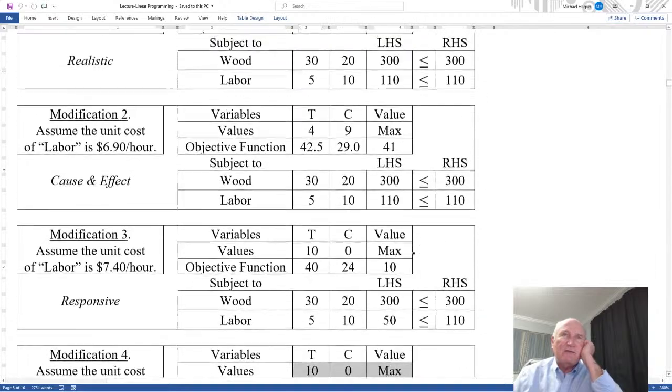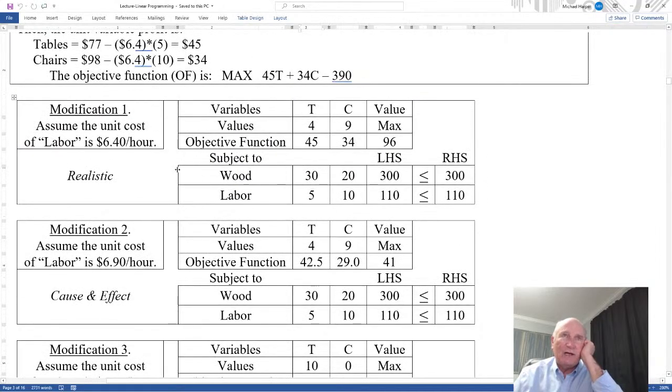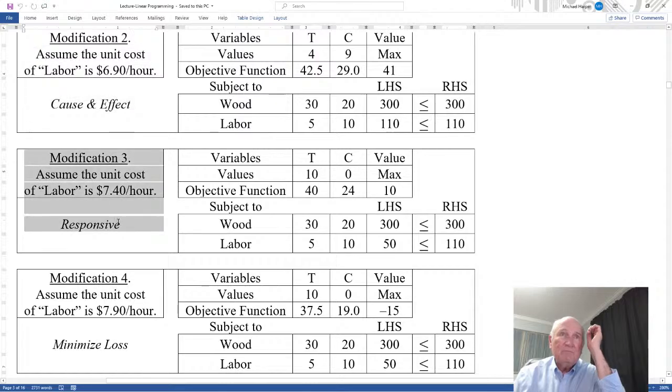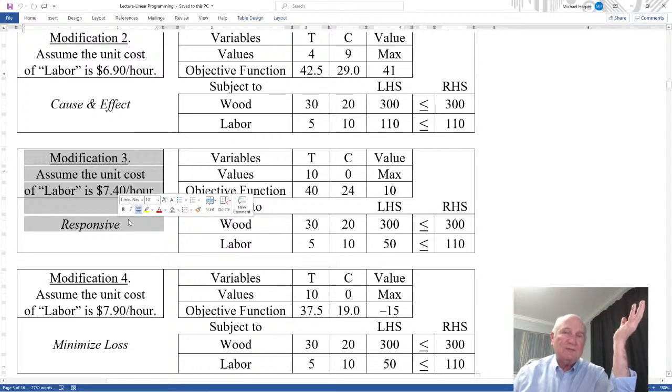So each of these modifications have an application. One, simplistic to more realistic. The other, what are cause and effects to changes in your operations. 3, be responsive to market changes, to cost structures, to revenue changes. Be responsive and change responsively. And if you don't, sometimes it's referred to as mismanagement, being non-responsive.